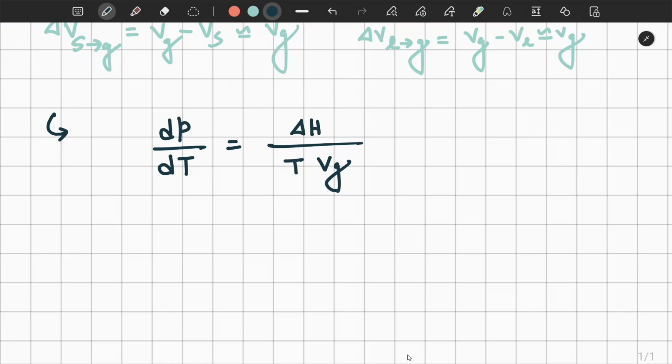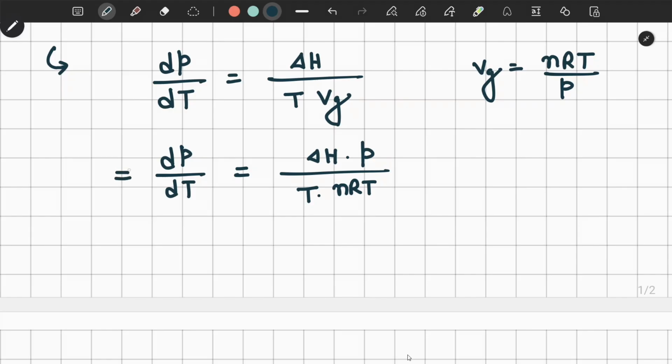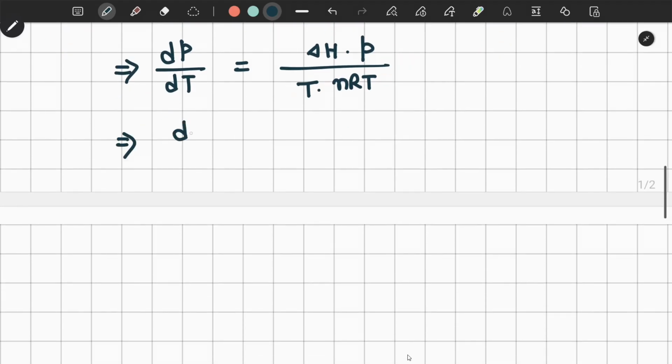And if you consider an ideal gas, V will be nRT by P. So if you put it in, delta H is equal to nRT squared dP by P dT, so dP by P equals delta H by nRT squared dT.